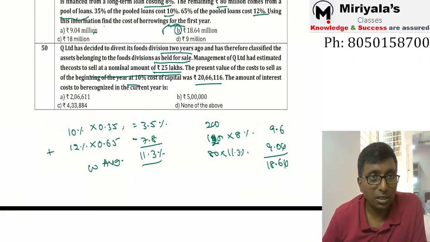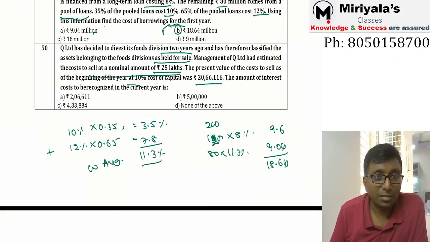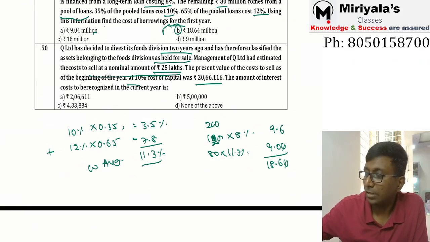Cost to sell at the beginning of the year at 10% cost of capital is 20 lakh 66,000. Okay, the amount of interest cost to be recognized in the current year. Regarding what? I didn't get exactly. Fine.